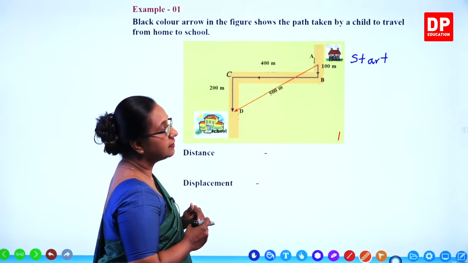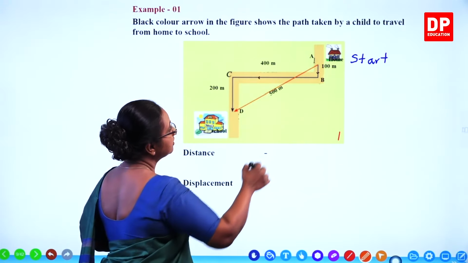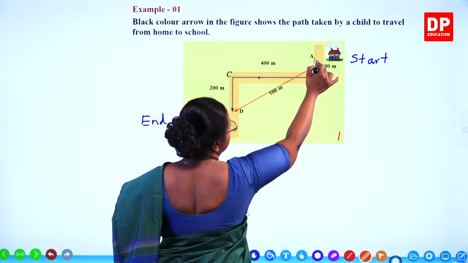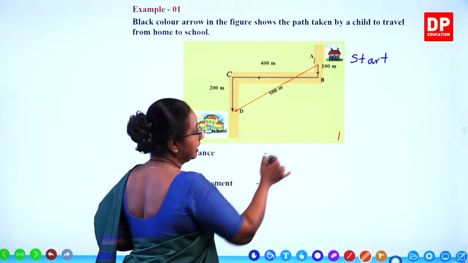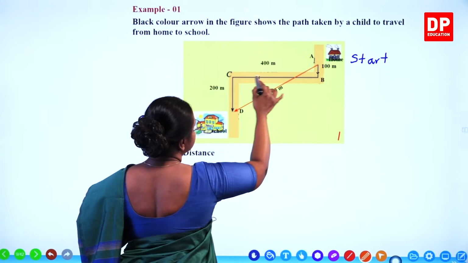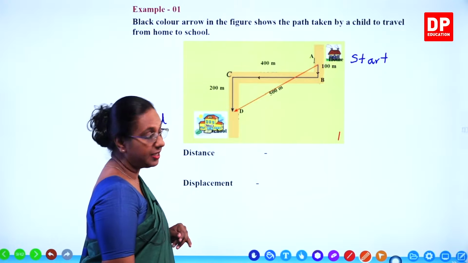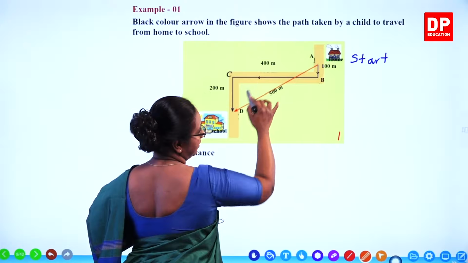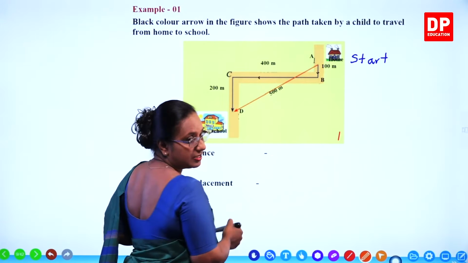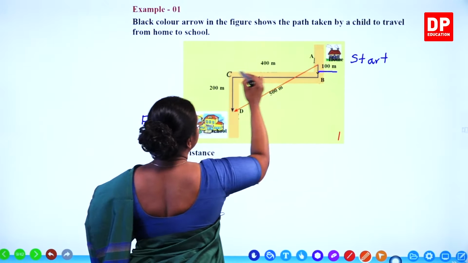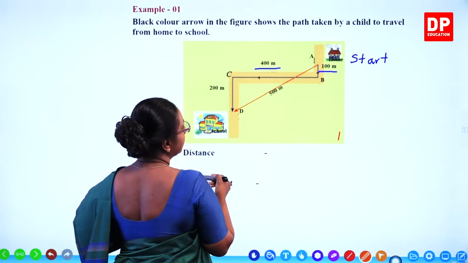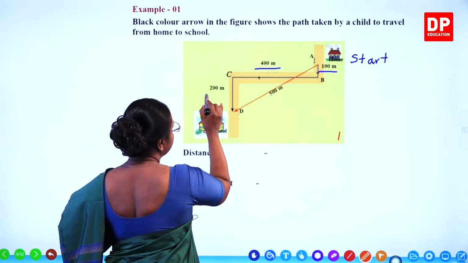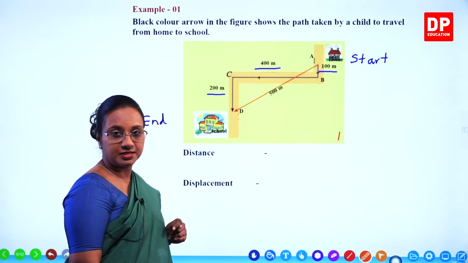As shown in the diagram, the child starts from home, that is point A. She travels towards point B in this direction, then takes a turn and travels towards point C. And here also you can see the lengths of the paths are different. A to B is 100 meters, B to C is 400 meters, and finally in this direction C to D is 200 meters.